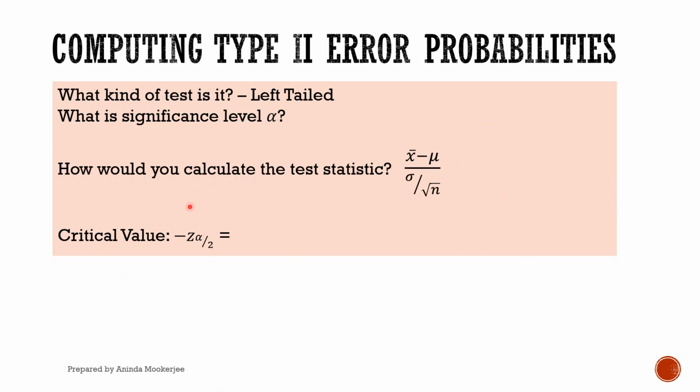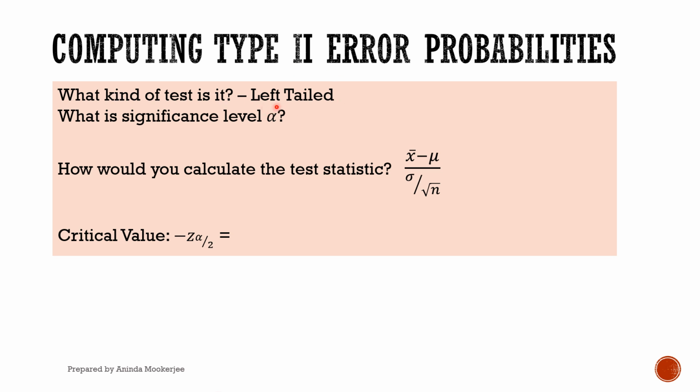Now, there are some basic questions we must first answer before we start working on finding the beta value. The first thing is, based on the information we got from the previous slide, from the word problem, we have to know what kind of test it is.